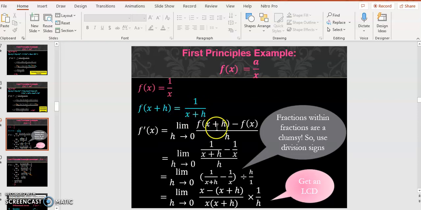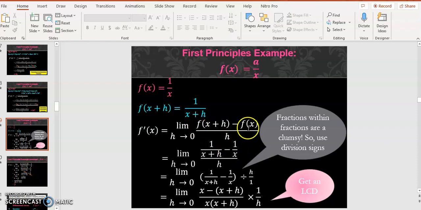So in place of this machine, you substitute this, because this is what comes out from the machine. Alright, then minus f of x. What is our f of x? F of x was given at the top here. So this is our f of x. So minus our f of x, which is 1 over x.